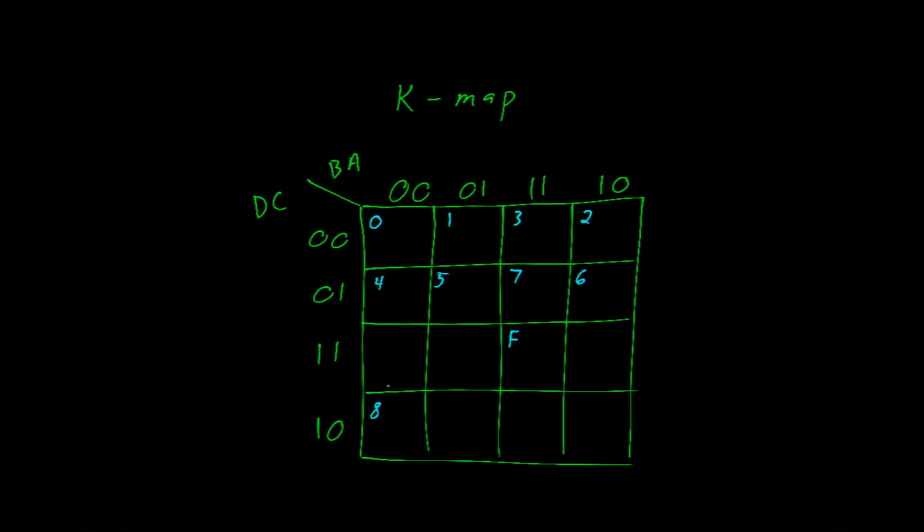This is 8, 9, A, B, C, D, E, and F. As I recall, our minterms were 0, 1, 2, 4, 8, A, and F. So everything else was a 0.